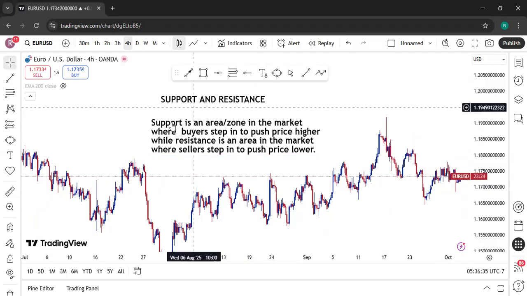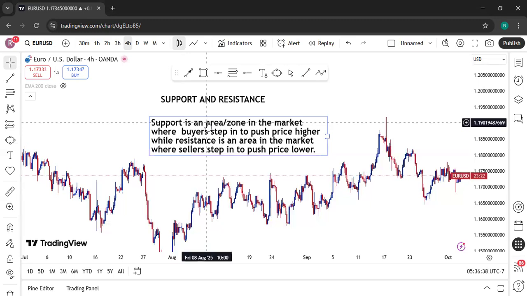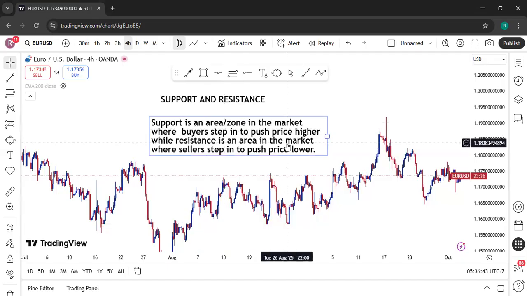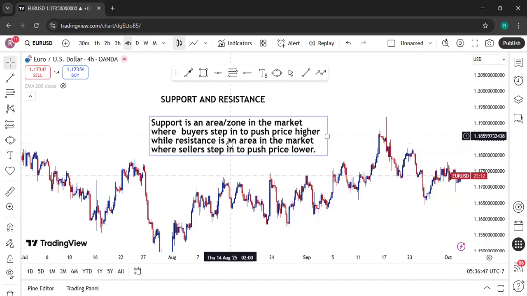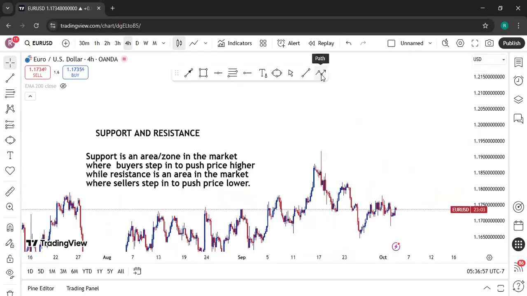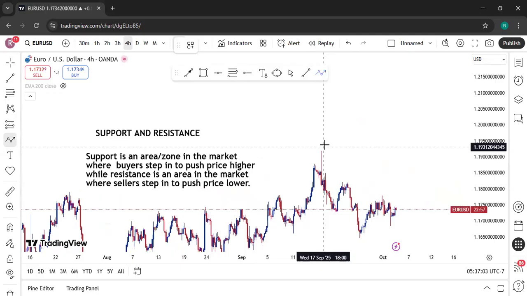Support is an area or a zone in the market where buyers step in to push price higher, while resistance is an area in the market where sellers step in to push price lower. So what I'm trying to say is this: when you come in to buy, it means that you're expecting that the demand for that particular asset is high.